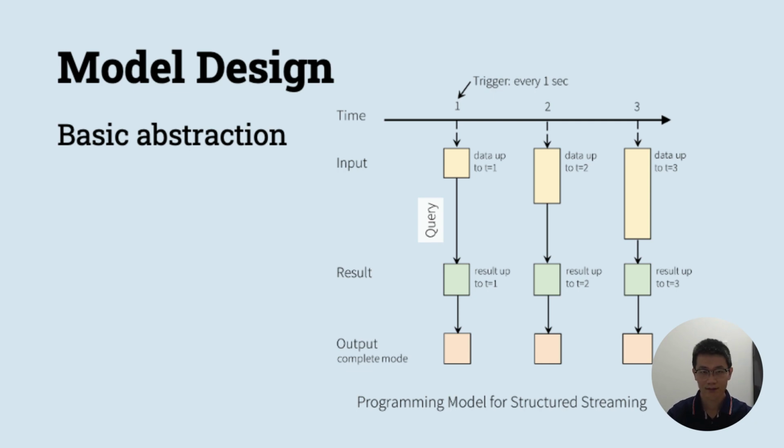The output represents our decision regarding which data from this intermediate state needs to be output to the downstream sink, and at what point in time this data should be output. This relates to the output mode I mentioned earlier. We'll dive deeper into this in subsequent discussions.